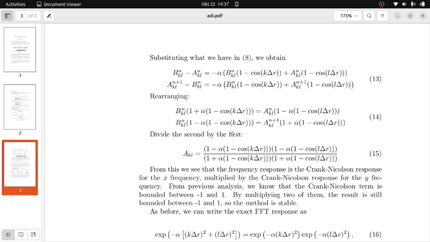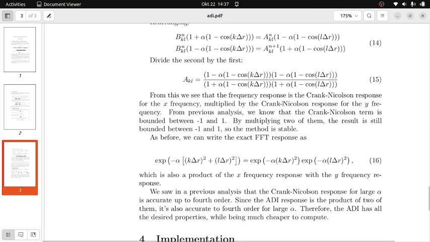And if you remember the analysis that we did, these two factors on the left are always between minus 1 and 1, right? So if we multiply two things that are between minus 1 and 1, we get something that is between minus 1 and 1, so the product is also stable, right?